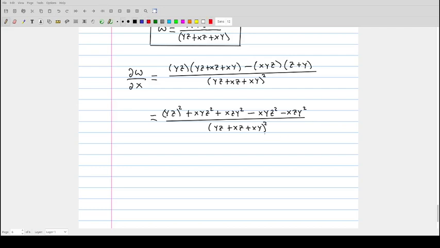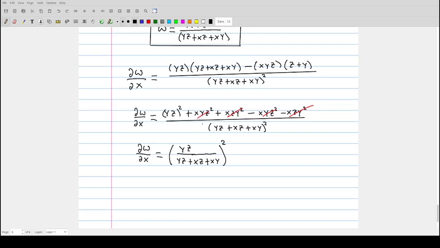And luckily we have some cancellations in the numerator here. This term is canceled by this term, and this term is canceled by this term. So what you're left with is the exact value of dw dx, which is that dw dx is equal to yz over yz plus xz plus xy squared.